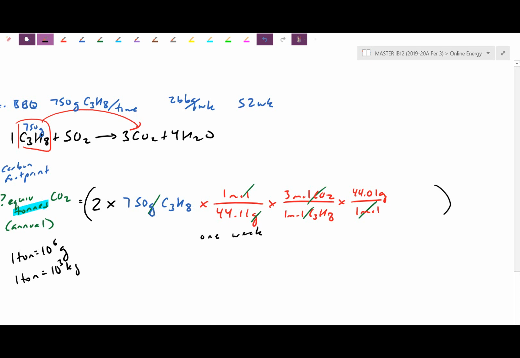Every time I use 750 grams. Unfortunately, I still have grams. I'm just going to convert the units. Well, since 1,000,000 grams makes a ton, that unit also cancels out. That's how many equivalent tons of CO2 I'm putting in the atmosphere for 1 week. And lastly, because it is annual, I'm going to multiply by 52.